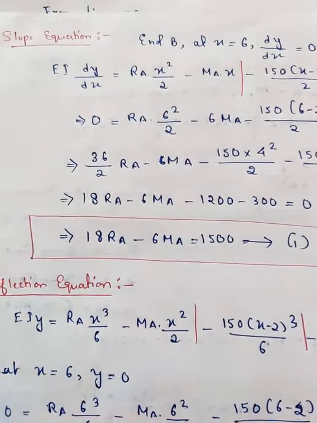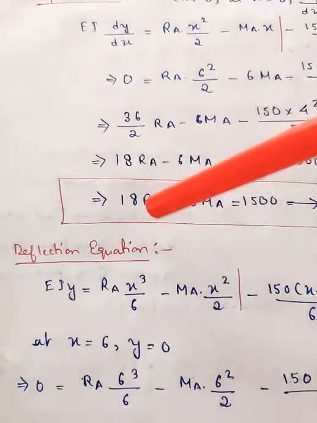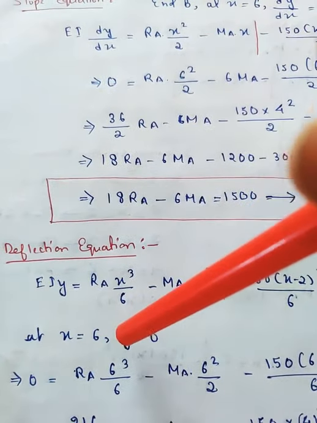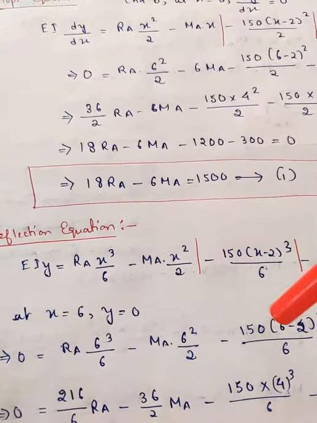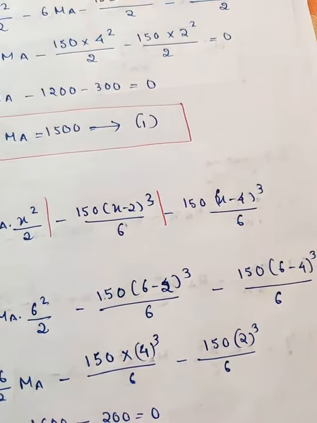I have written the deflection equation here, as you can see, and as this is the end, here also deflection equal to 0, and putting the value of x equal to 6 in this equation. You can see here x minus 2 means 6 minus 2, x minus 4 means 6 minus 4.